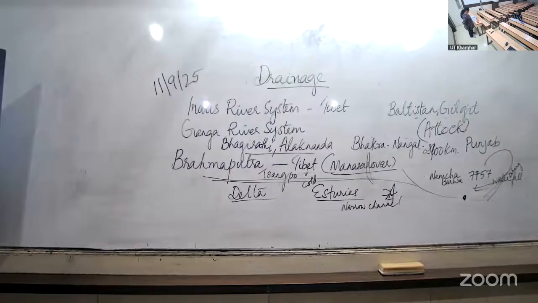All the tributaries of the Narmada are very short and most of these join the main stream at right angles. The Narmada basin covers parts of Madhya Pradesh and Gujarat. Which are the states Narmada covers? Madhya Pradesh and Gujarat.